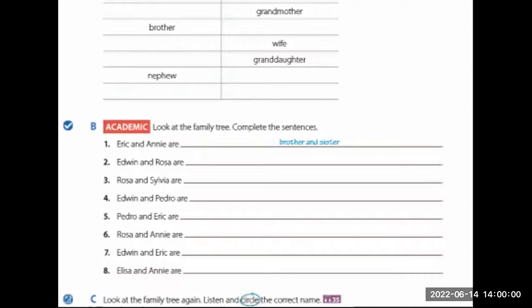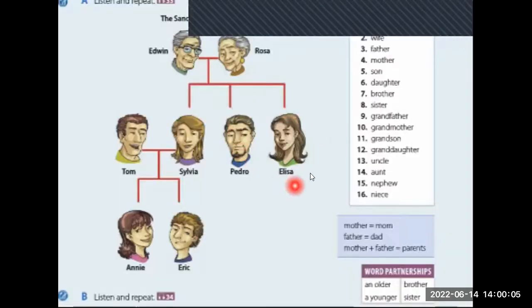So let's find Alyssa. Alyssa and Annie. Okay, so Annie is the daughter of Sylvia, and Sylvia is the sister of Alyssa. So this child says, my mother's sister is my aunt.